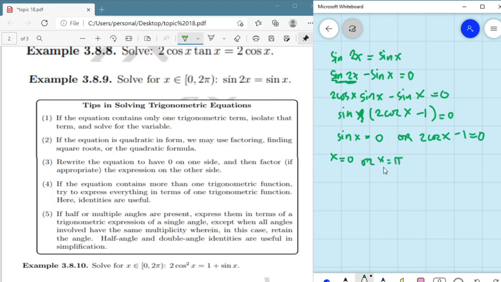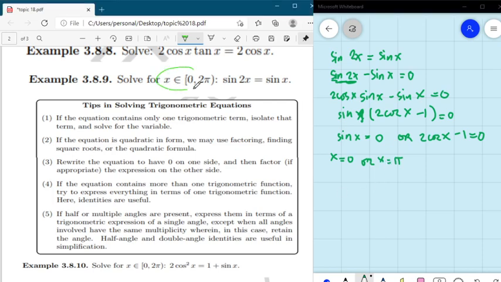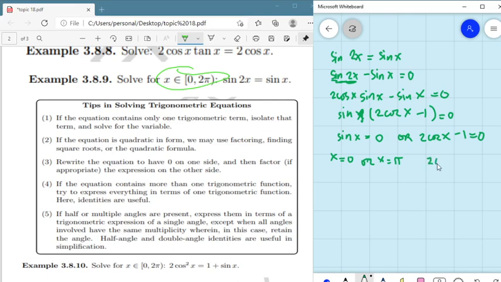The sine of 0 and of pi is 0, and they belong to the domain, right? And the second factor, we have 2 cosine x equals 1. So cosine x equals 1/2.